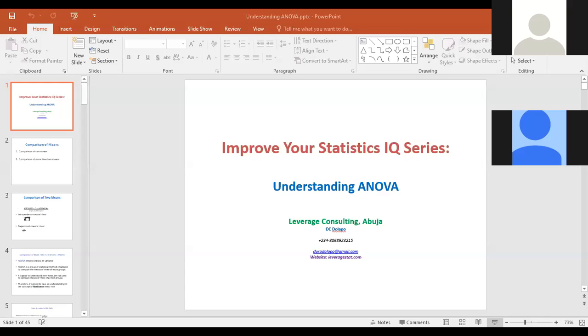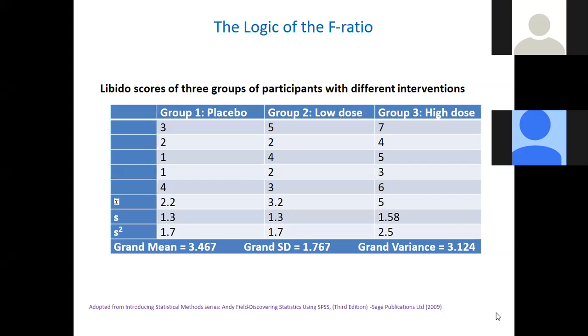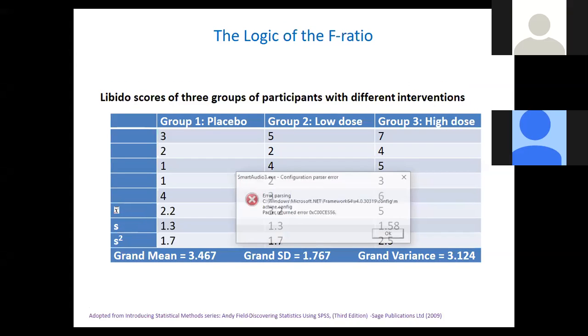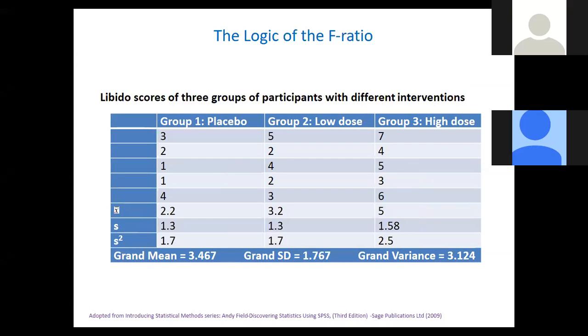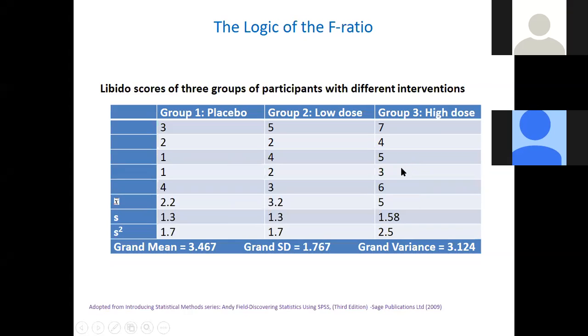Now, let's apply the same principle of this variance to what we have. We have three groups. The variance I just explained was for just one group, but that was for us to get the understanding of it. Now apply the principle to what we have here.